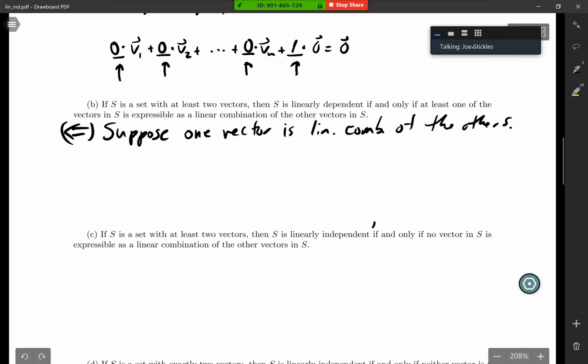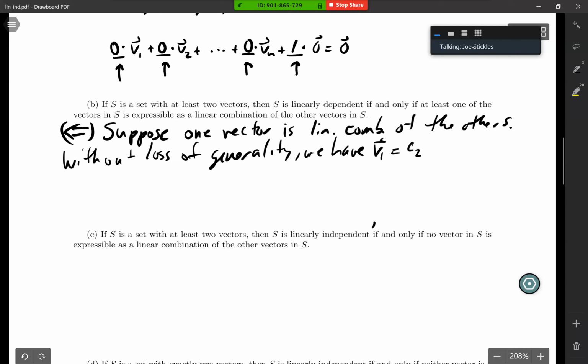Let's say, again, without loss of generality, that V1 is equal to C2V2 plus C3V3 out to CNVN.